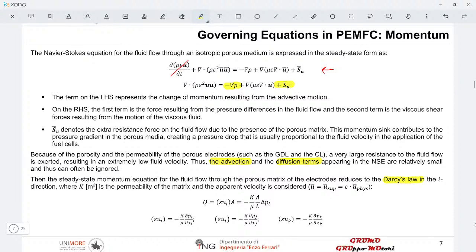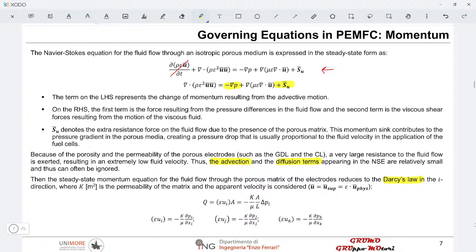Okay. It can be demonstrated from a rigorous derivation of the Navier-Stokes equation, but in its essence, it has been derived empirically. Okay, and it was first derived in the 18th century, related to hydraulic issues for the water distribution on a city, on an urban scale.